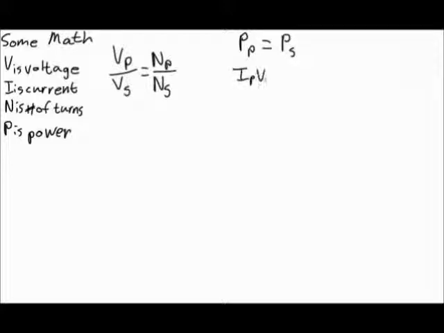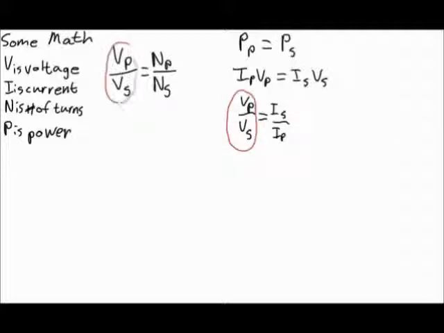Right, so we take power and break it up into current times voltage of the primary side and the secondary side, and we can represent this so that we have equivalent terms between the two equations, which would be the primary voltage divided by secondary voltage.